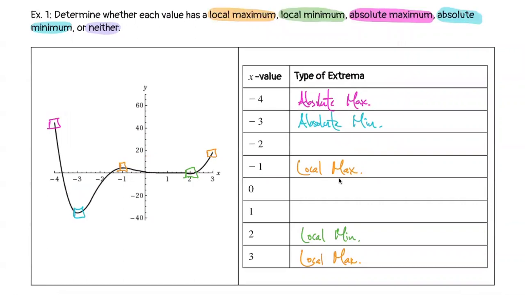There's no other point that's lower than all the rest. Well, we have three x values left: x equals -2, x equals 0, x equals 1. None of those points are the highest in the region or the lowest in the region. And so we're going to call these last 3 points neither.